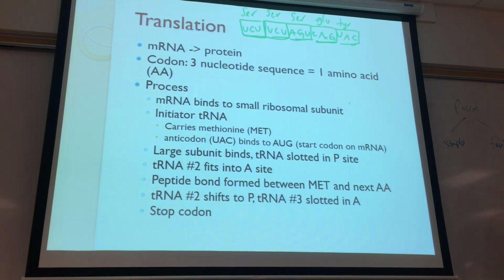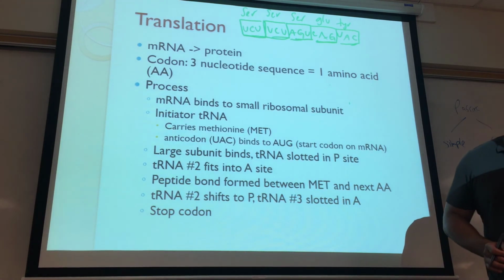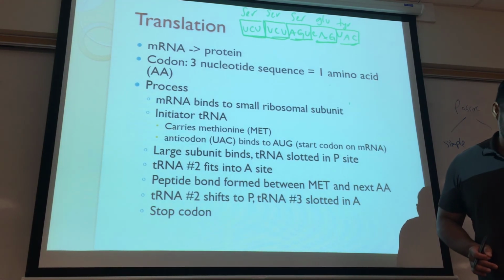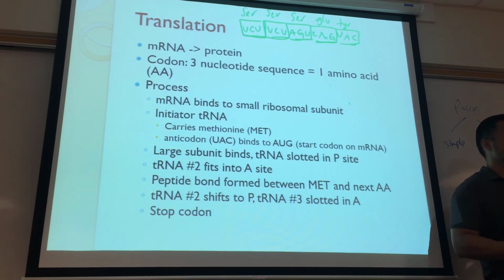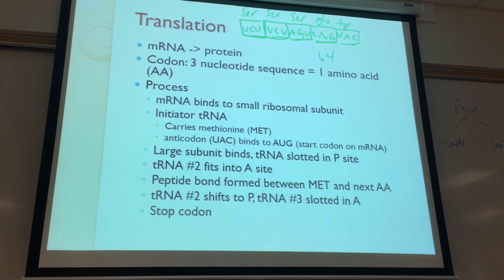If I have, again, 4 times 16 times 4, 64 different sequences available. So if I have 3 positions, I have 4 available for 4 different nucleotides for the first base, times 4 available for the second, times 4 available for the third.